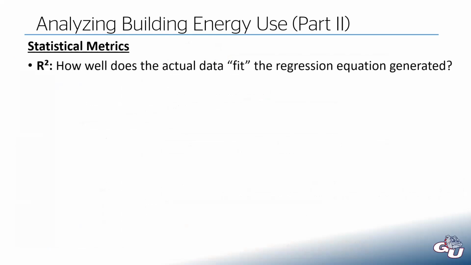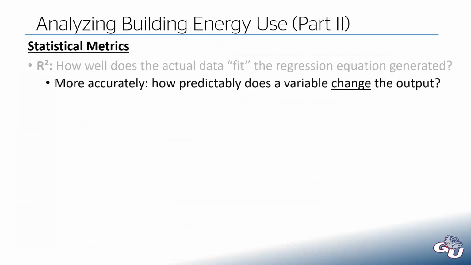The R-squared, this is probably the only one you've heard of. Generally speaking, people like to define R-squared as how well the data fits the regression equation that was generated. A more accurate description is how predictably a variable changes the output.